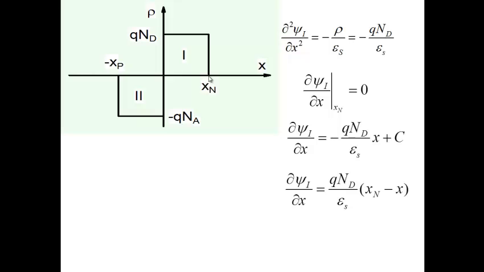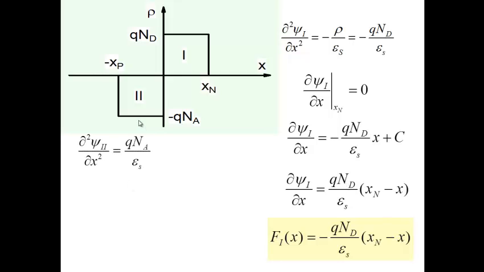We know the electric field falls to 0 here, so we put at x equal to xn, electric field is 0. And therefore we get del psi by del x is Q Nd over epsilon s, xn minus x, straight. And the field then is minus of that: minus Q Nd by epsilon s, xn minus x. Okay, so straightforward.